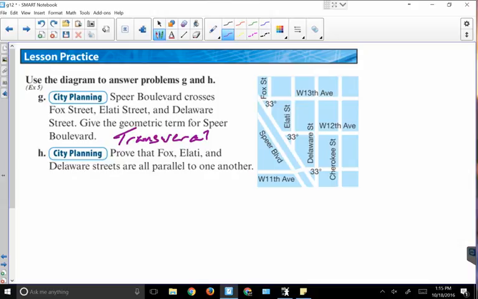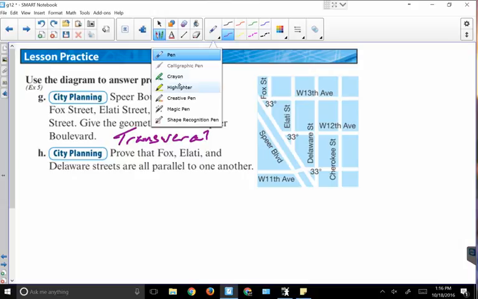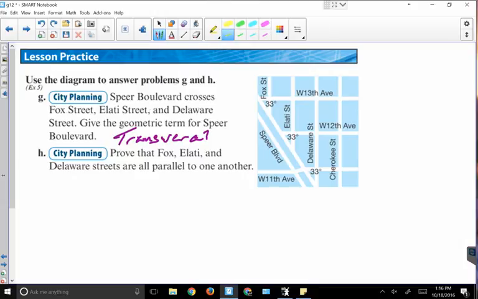So, Hope, can I prove that Fox, Elati, and Delaware streets are parallel? Well, first question is, do we have information about how those lines intersect?